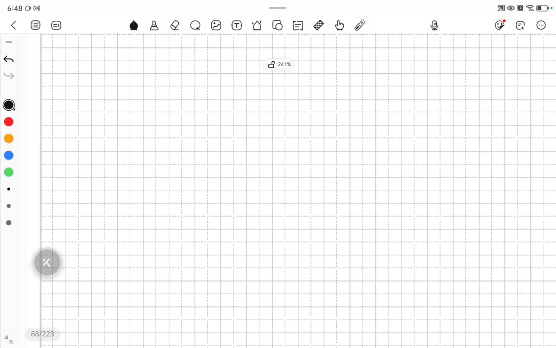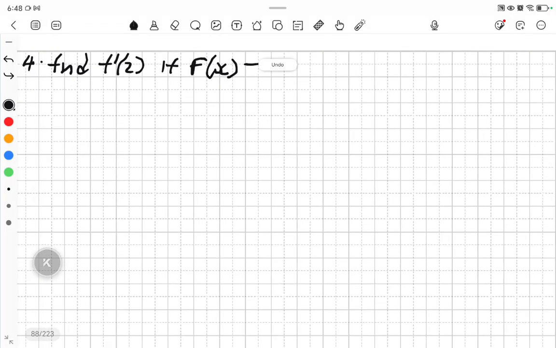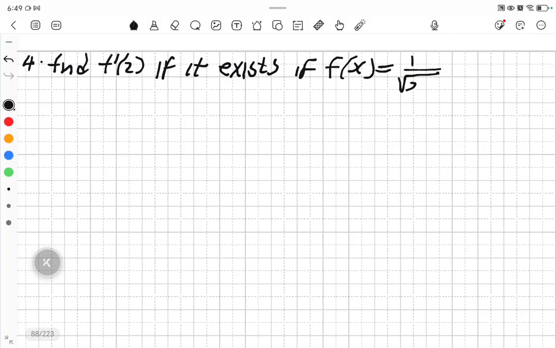Sometimes they'll say find if it exists, or they just say find it. If we need to find it, we must be sure that it exists. Then first we need to know what f prime of x is.